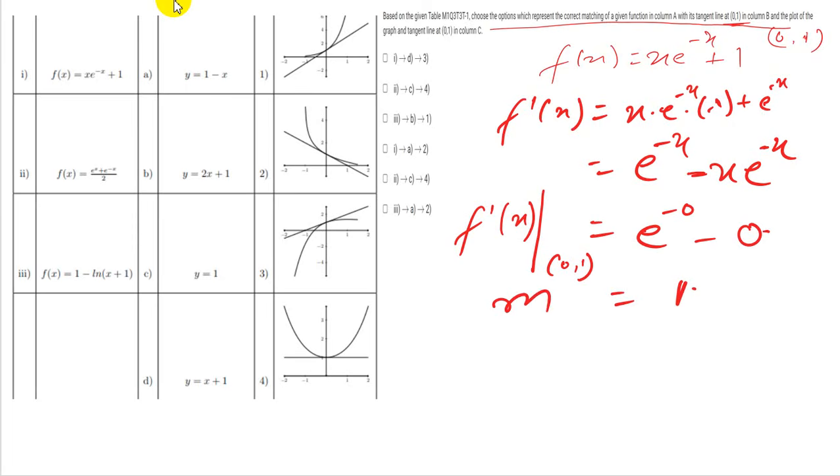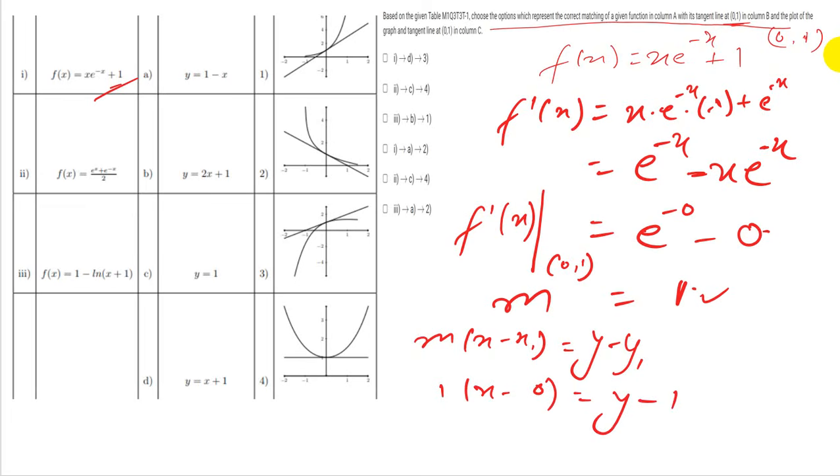So m, or the slope of the tangent at 0, 1 for this curve, is actually 1. So the equation becomes m into x minus x1 is equal to y minus y1. M is 1, x minus 0 is equal to y minus 1, which gives y is equal to x plus 1, and 1 will be mapped with d.